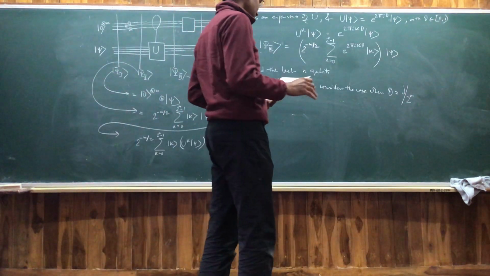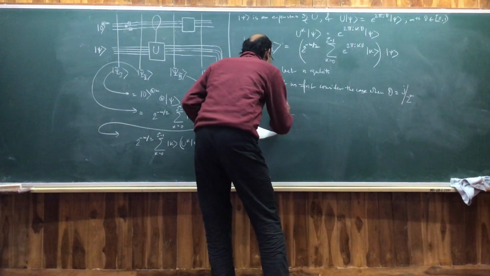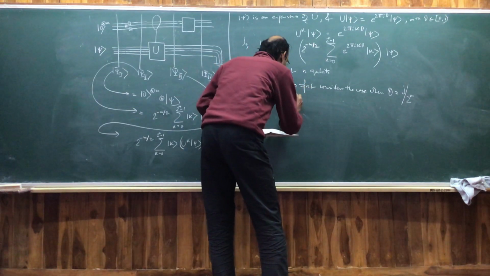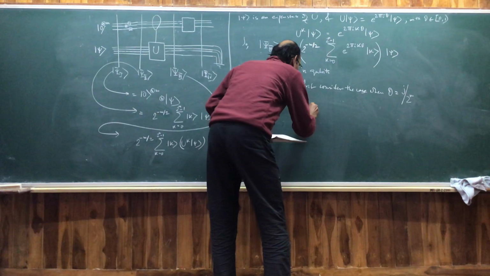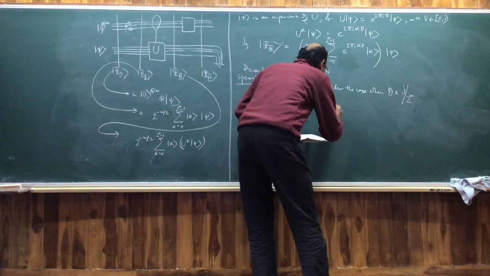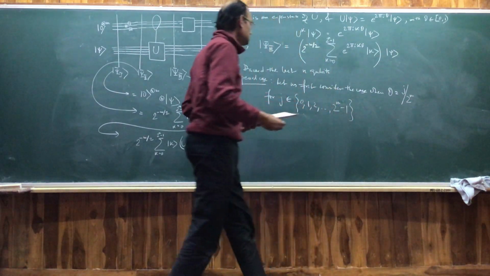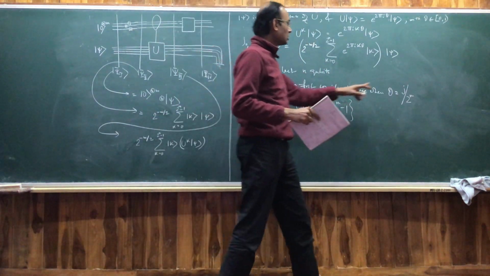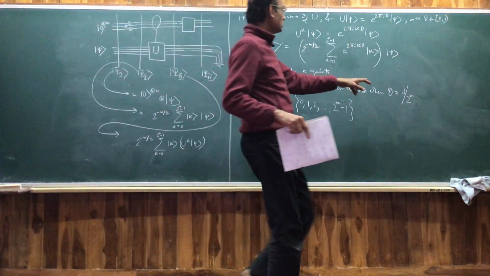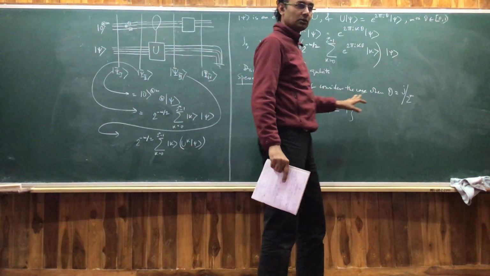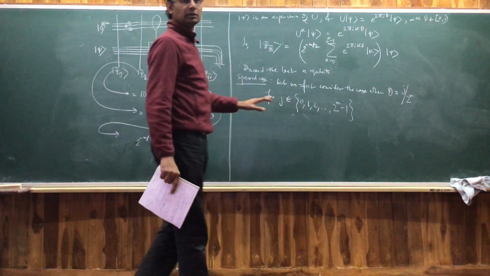But for j belonging to this set, all of them are divided by 2 power n. So you remember that theta has to belong to 0 to 1. So this satisfies that property. We're doing that.